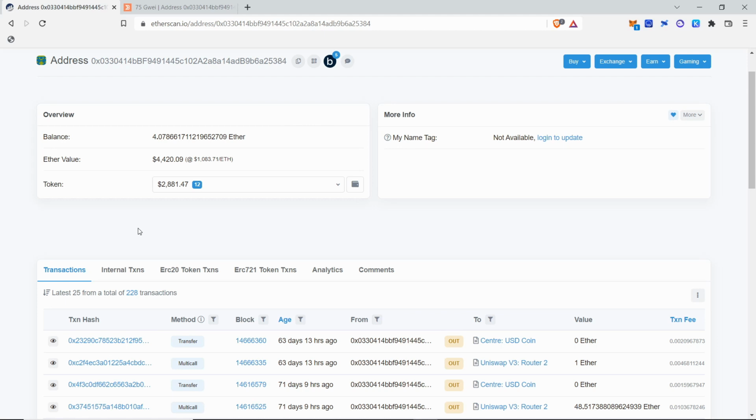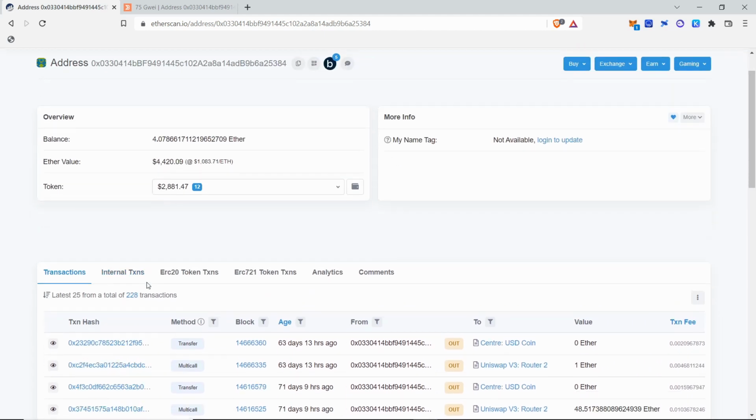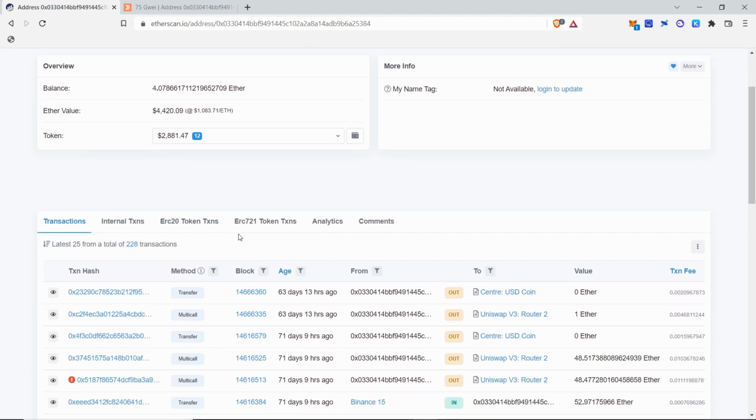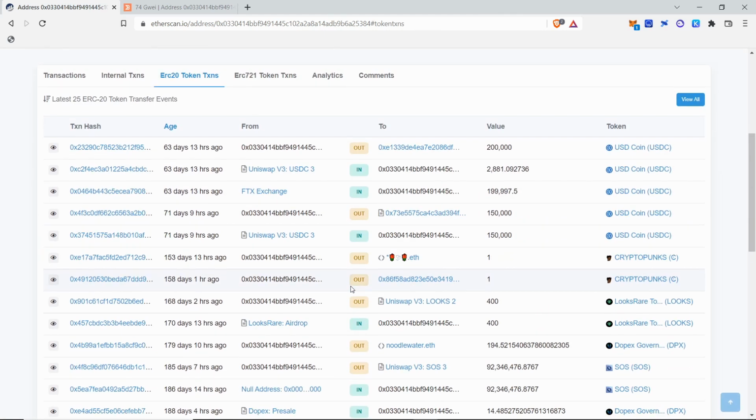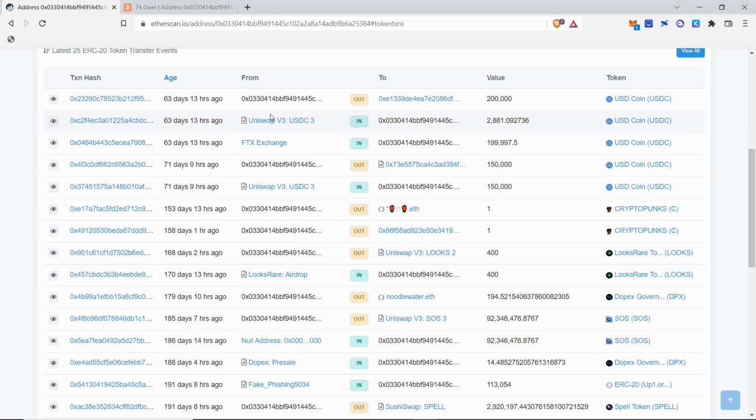Click on the address and you can see all the information about the wallet. You can see their buys, you can see their balance, and a lot more. Now we're gauging the history of success, whether this wallet succeeded in finding good tokens early. Click on ERC20 transfers.